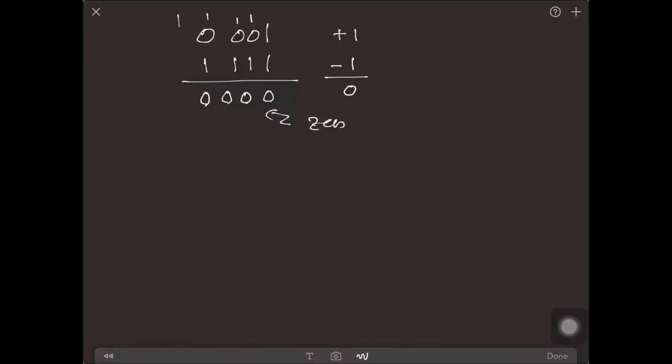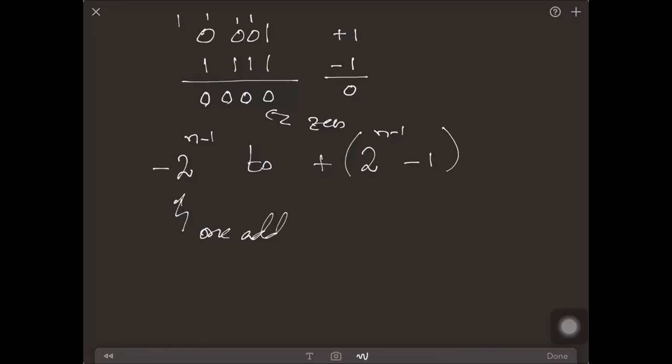And as far as the range is concerned, the range is -2 raised to power n minus 1 to +2 raised to power n minus 1, minus 1. So we have one additional negative number because there is only one way of representing 0.